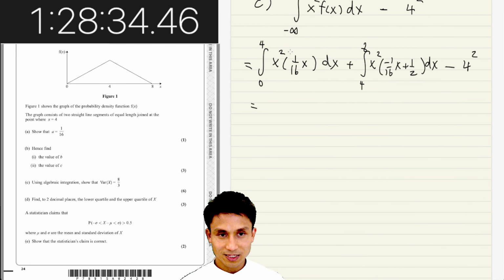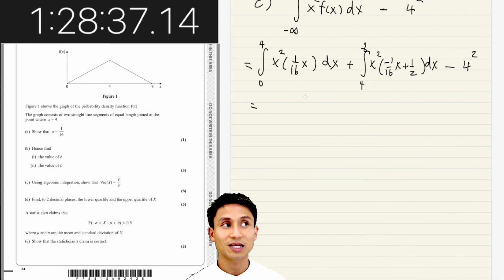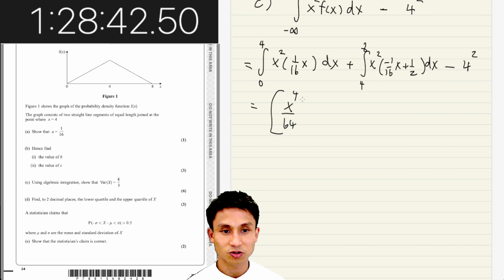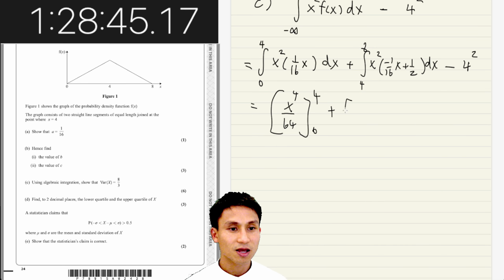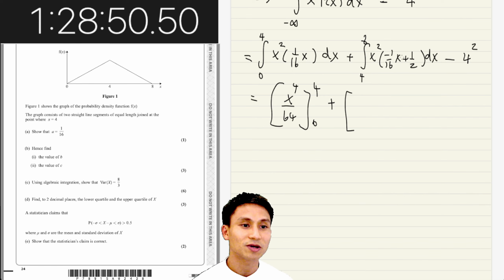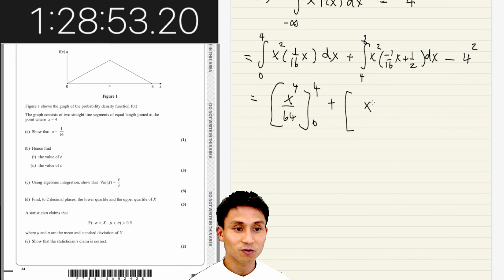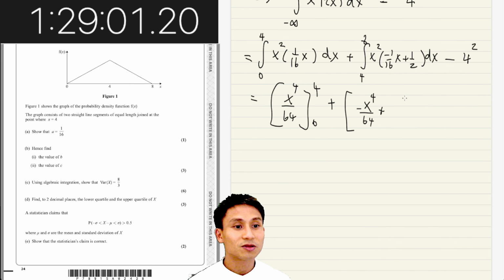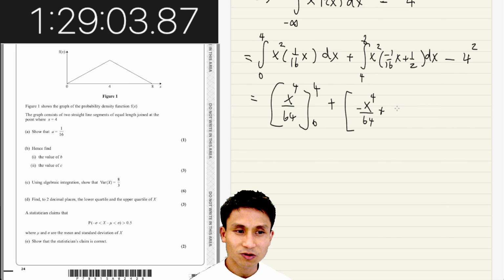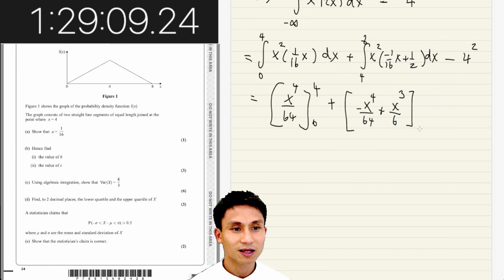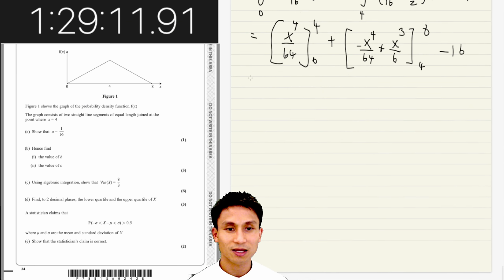So this is x cubed. We integrate x cubed, we get x to the 4 over 4, so that would be x to the 4 over 64, substituting in the bounds. Then if you expand the x squared in there, you get x cubed, and integrating, we get minus x to the 4 over 64 for that term. Integrating x squared gives x cubed over 3, which multiplied by 2 gives 6, from 4 to 8, and then minus 16 there.